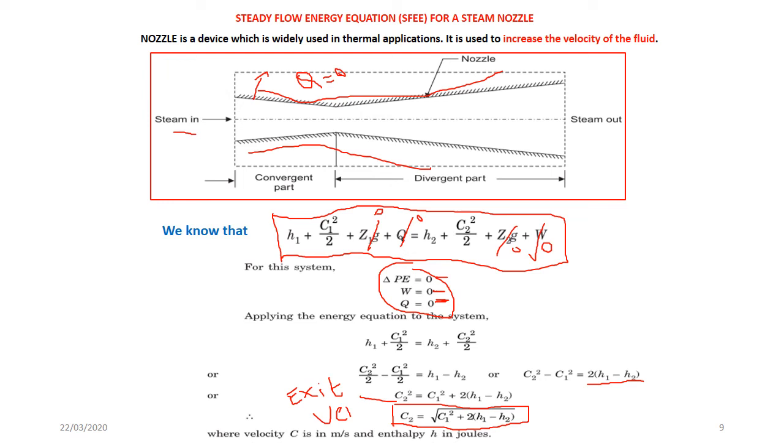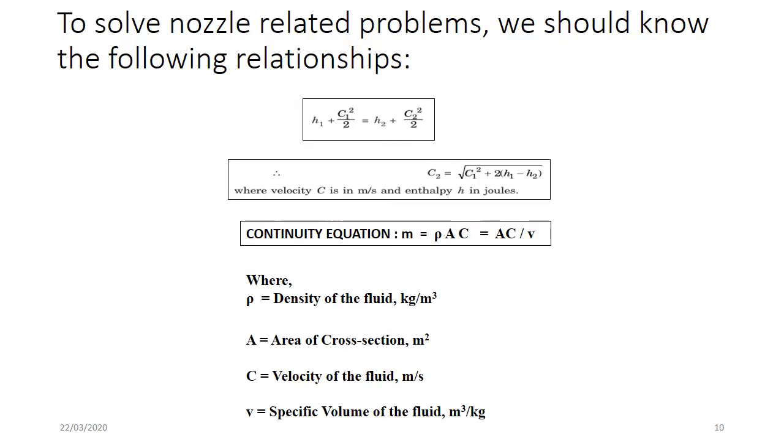So this is the steady flow energy equation for a steam nozzle. We will try to solve a problem based on this equation. Before solving the nozzle related problems, we should know the following relationships.